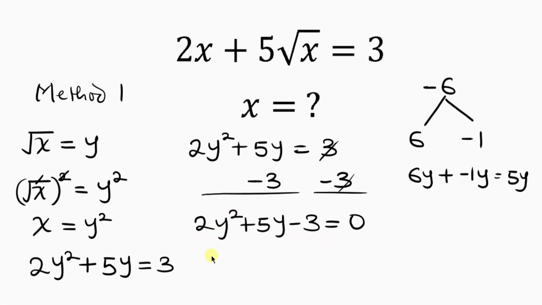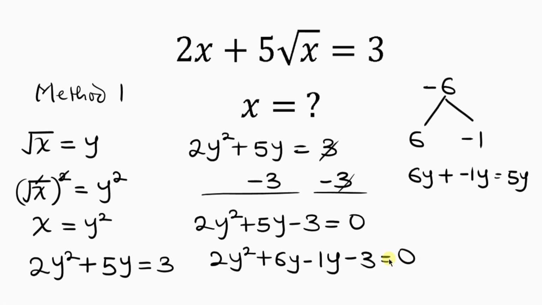So here I have 2y squared, now pick this, which is plus 6y, and then minus 1y, and then minus 3 equal to 0.